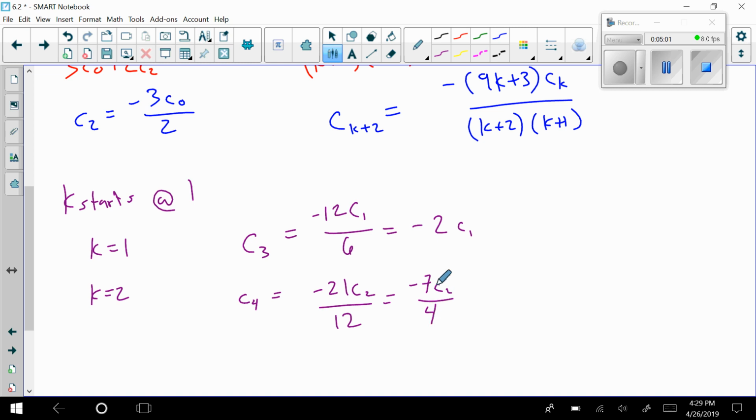I know that c sub 2 is this guy over here, so this part can come out and I can put negative 3 c naught divided by 2 in for it, which in the end would give me 21 over 8 c naught.